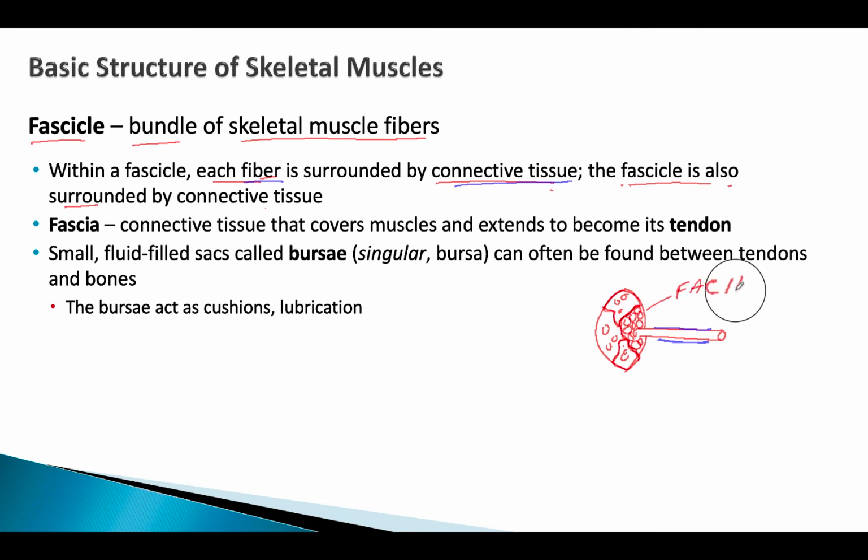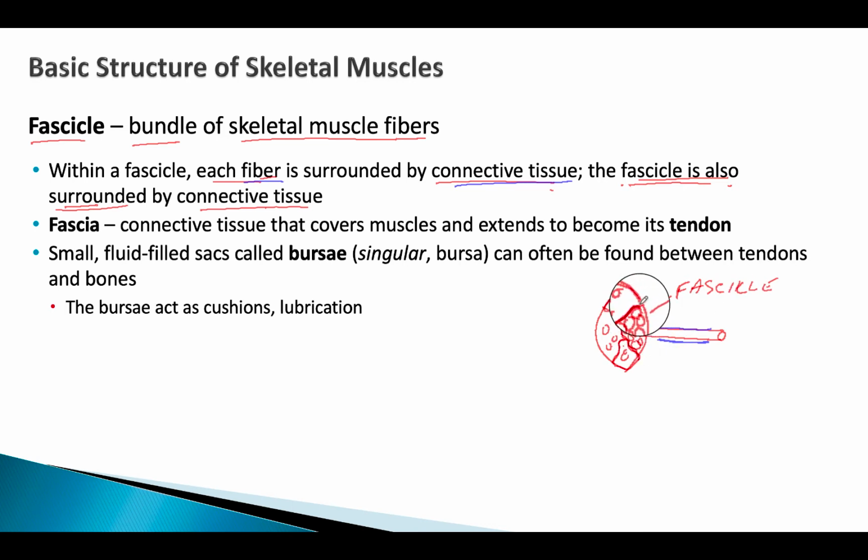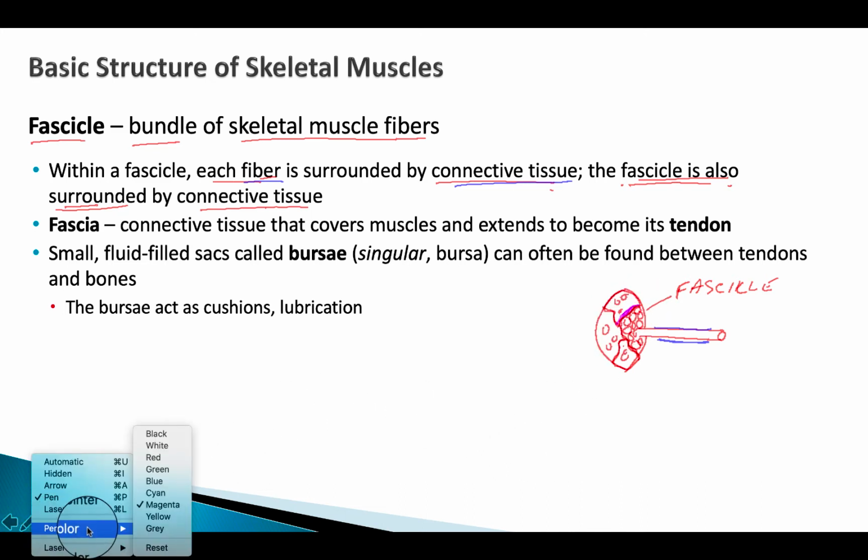This fascicle is also going to be surrounded by another connective tissue. Let me change the color here as well. So now we have this fascicle right over here that is going to be surrounded by this magenta color. It's not too vivid. Let's change it some more. Let's just turn this into a black one.